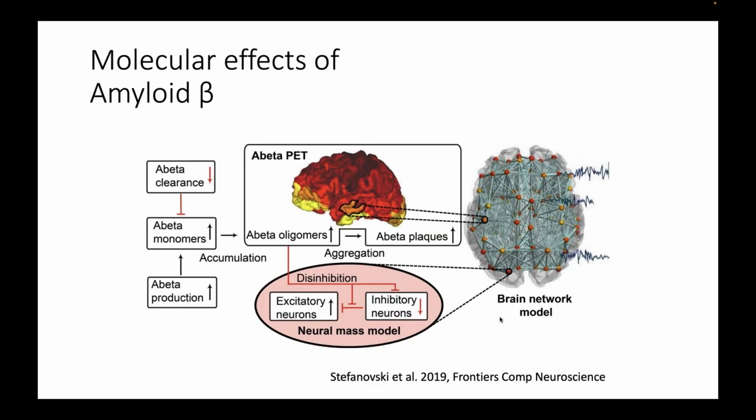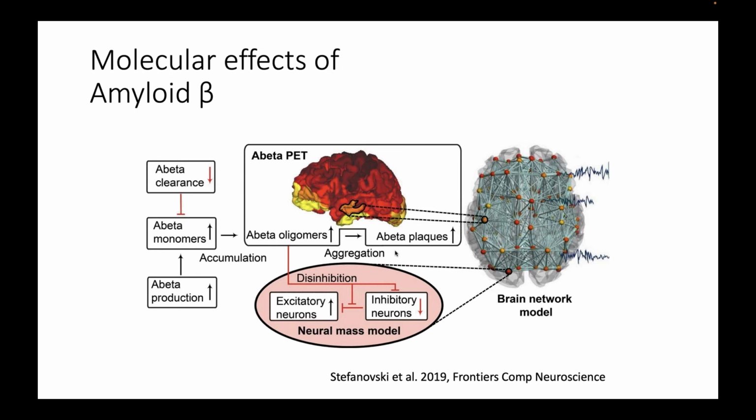For Alzheimer's disease modeling, we first thought of all the stuff that I just explained, and we focused on one aspect, which is the amyloid pathology, which I already explained. So we have the deposition of amyloid plaques in the brain, and this leads to several effects.